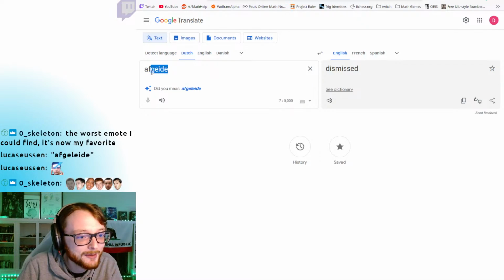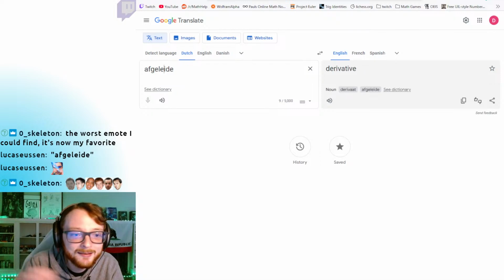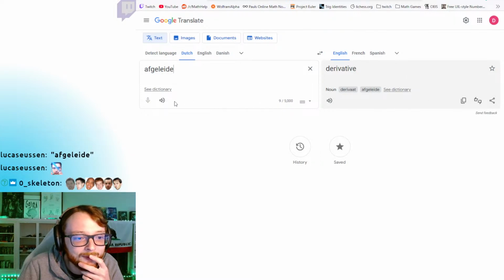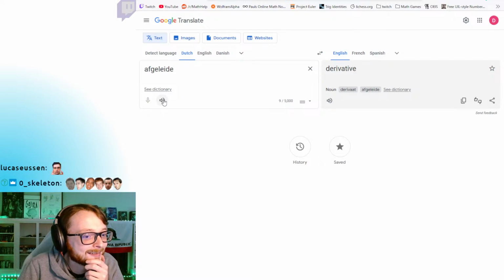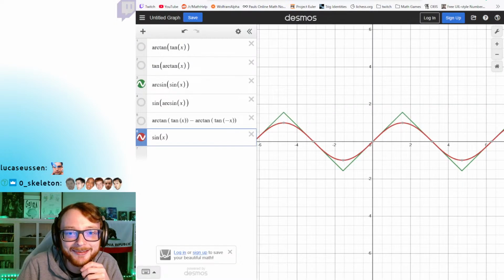Wait, no, you can't just change the thing. Derivative. This gets it right, at least. Wait, it doesn't say any other thing. I don't know. How do you say this? I can't make that G sound.